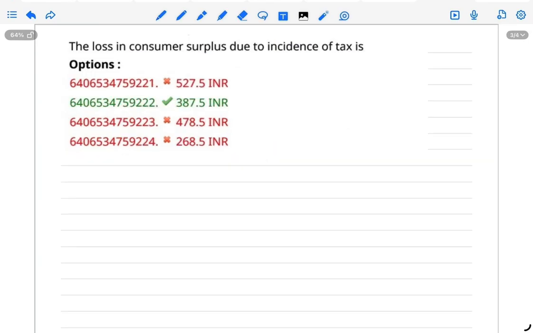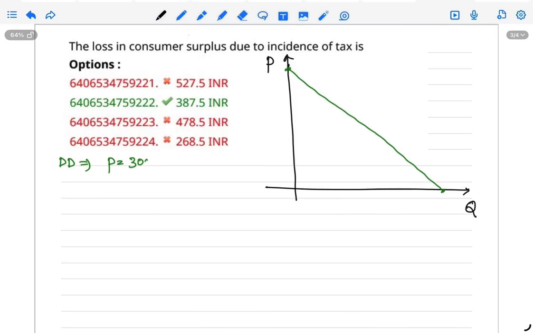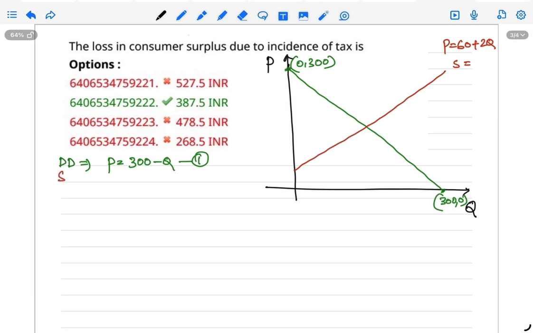So friends, how to find the loss in consumer surplus due to incidence of the tax? Demand is P equals 300 minus Q, so the intercepts are 300, 0 and 0, 300. Supply is P equals 60 plus 2Q, this is equation number 2, with intercept 60.